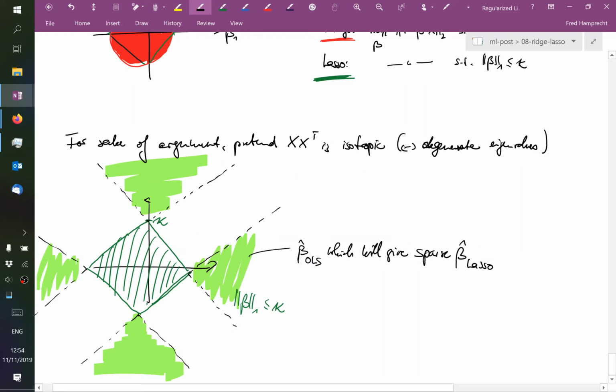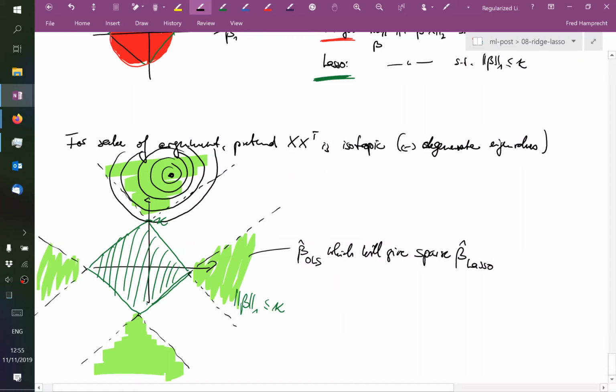Why? Because if I, for example, put my beta hat here, and then I have these concentric circles along which my sum of squares increases, then these convex circles will first touch my constraint set in one of these vertices.